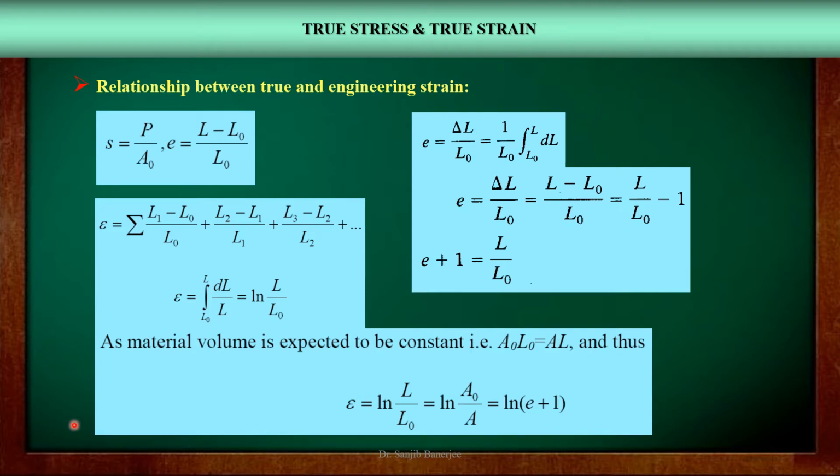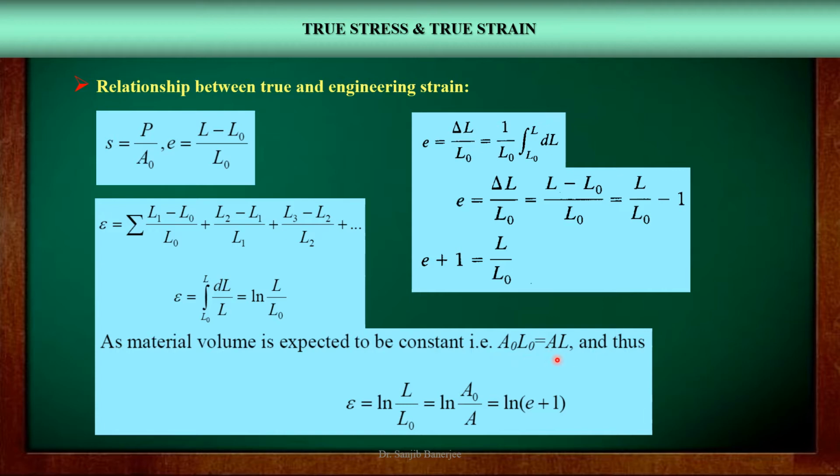Now, since the volume of gauge length is expected to be constant, by this conservation of volume, we get a relationship of A0 into L0, which is the initial volume, is equal to A into L, which is the volume at any instant of time.